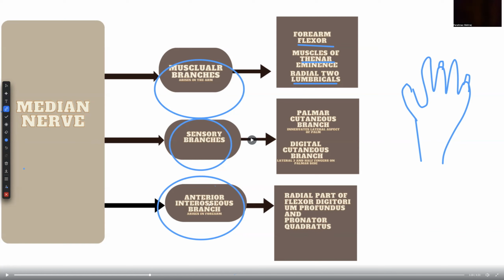Now coming to the anterior interosseous branch. It looks like a very scary name, anterior interosseous, but if you just look at it, it's interosseous because this branch passes between the radial and the ulnar bone. You see, these are the two bones and it passes in between them. So they just kept a name to scare us off.